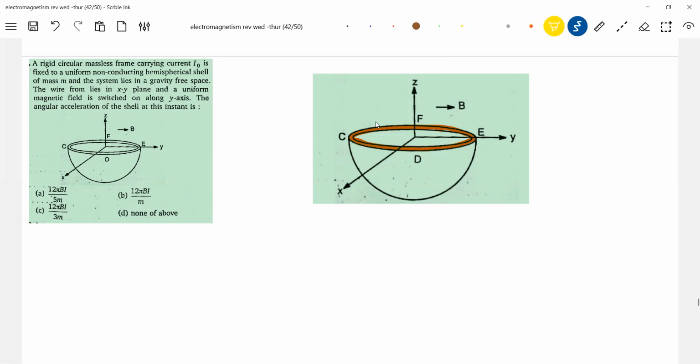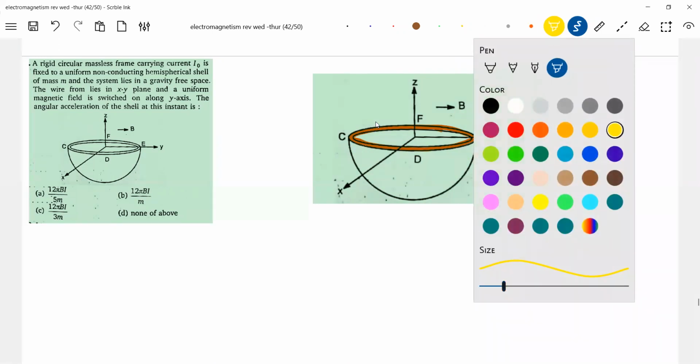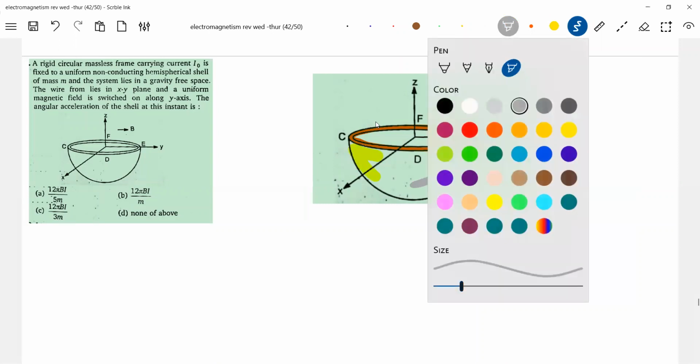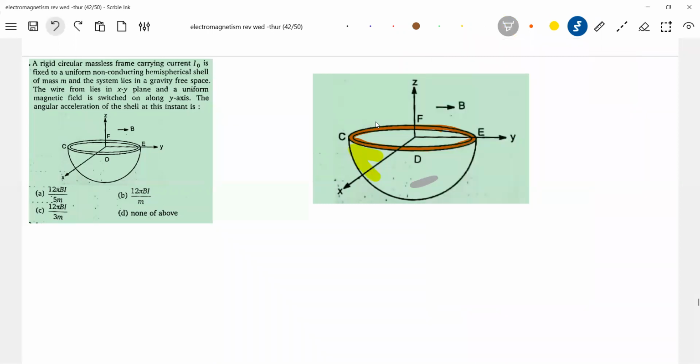Rest all everything is a hemispherical shell. Try to identify what the terms are here. Will anything happen to the current carrying ring? Will it experience any force due to the magnetic field? No force. But will it experience any torque? Yes, there'll be torque. Then what is the impact of that? It will try to rotate. So as the ring is fixed to the hemispherical shell, the hemispherical shell will also rotate. It's asking for the instantaneous angular acceleration.